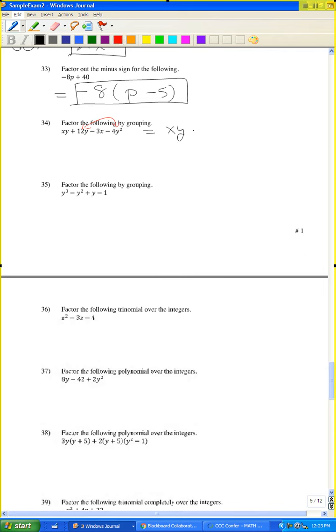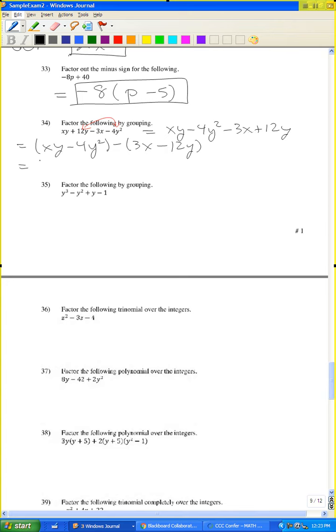So xy minus 4y squared minus 3x plus 12y. Group the first two terms, xy minus 4y squared. Last two terms, negative 3x plus 12y. Be sure that since there's a negative on the outside, you change all the signs on the inside, which I did.